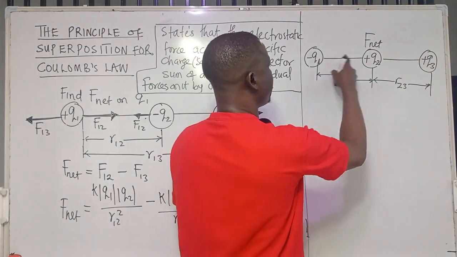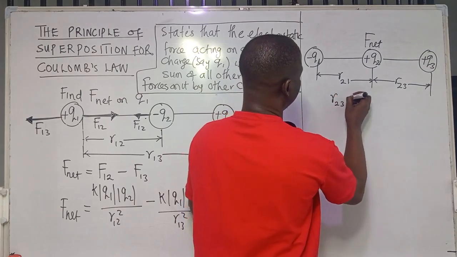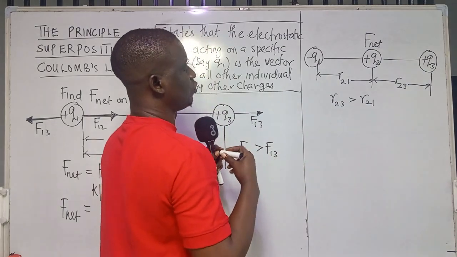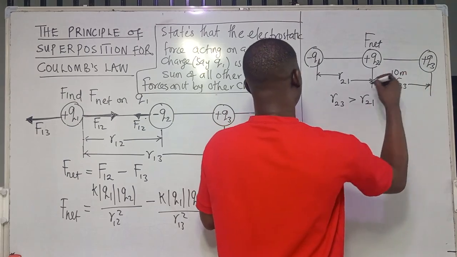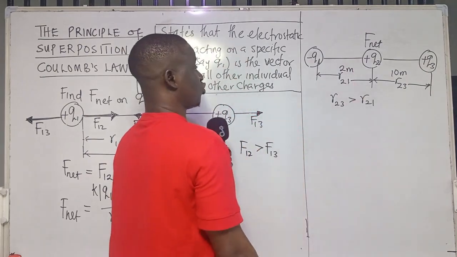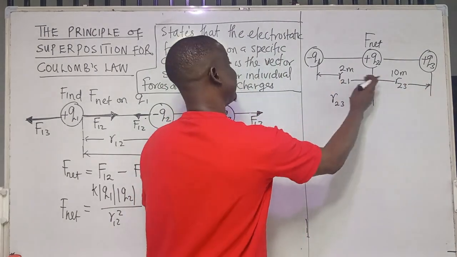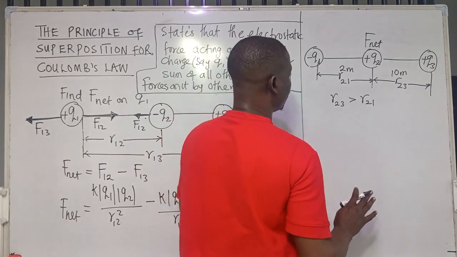Now, let me say R23 is greater than R21. That means the distance of this one is larger. Let's say here, for example, 10 meters, and this one is 2 meters, so that the distance of this one is bigger than this one. Now, let me just analyze.